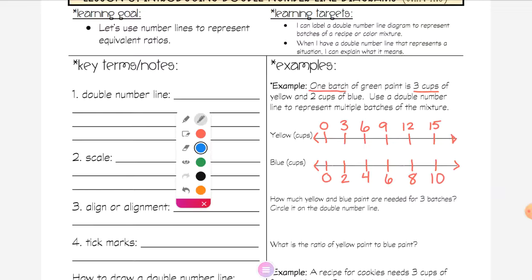Which one is our third set of numbers, Meyer? 9 and 6. So circle that. So 9 cups of yellow, I'm just following my labels, 9 cups of yellow and 6 cups of blue.